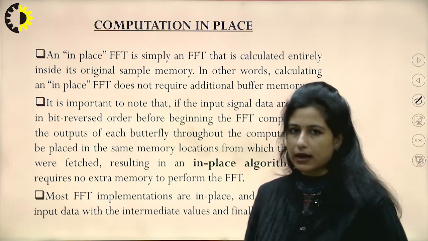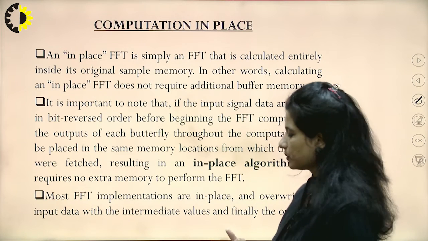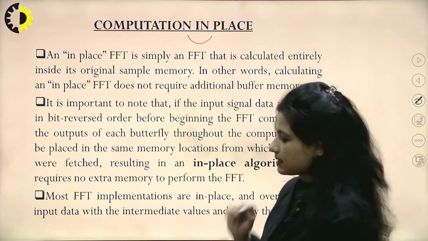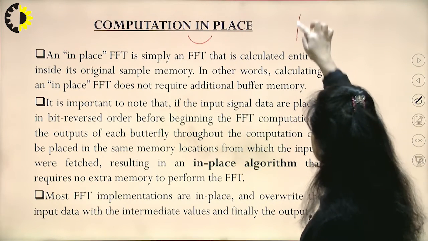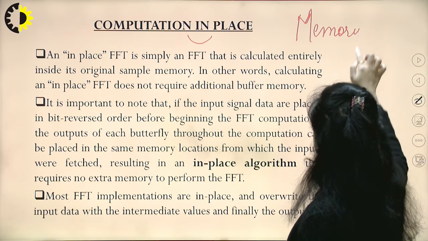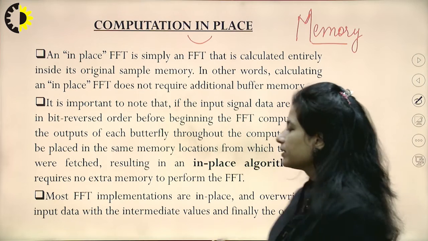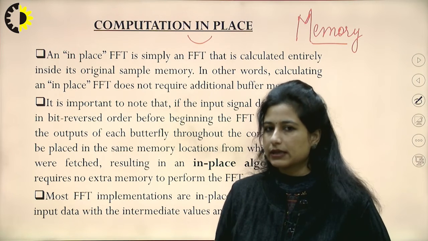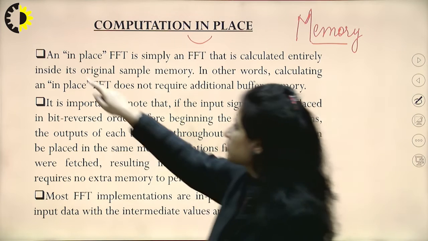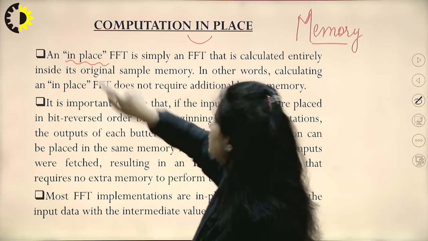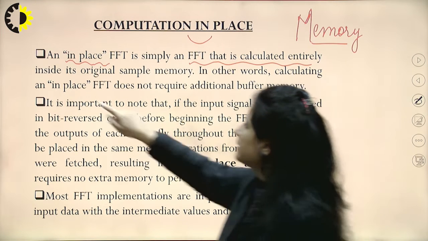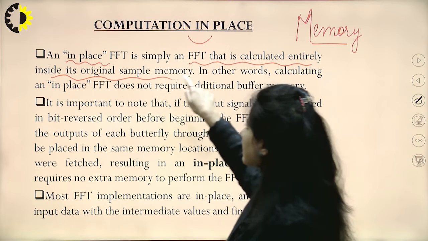And what is the advantage that I get because of this bit reversal? We can perform computation in place. Computation in place corresponds to the memory requirement. How much memory do I require when I start calculating the FFT using this butterfly diagram? In place actually means the FFT is calculated entirely inside the original sample memory.